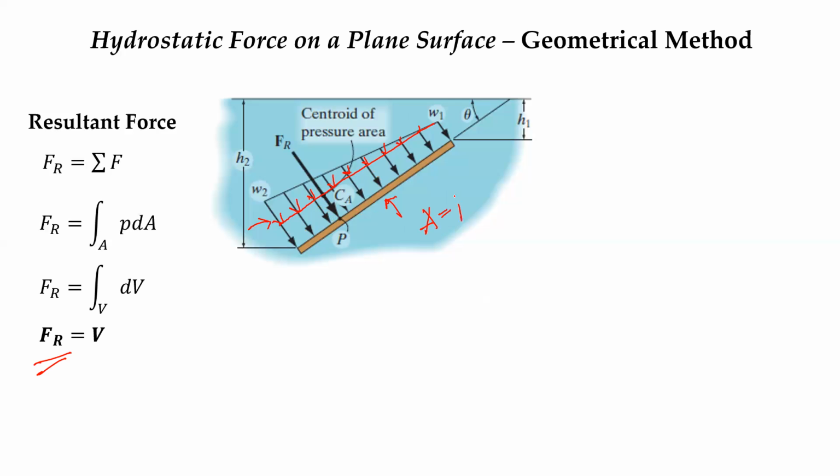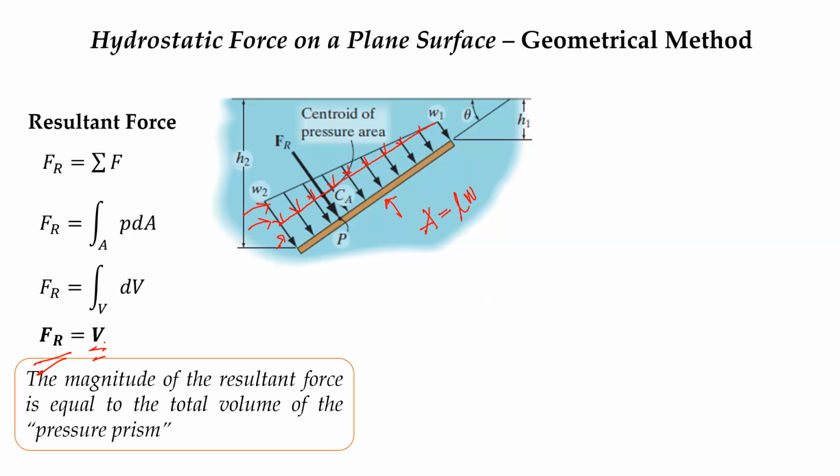And after calculating its area, we simply have to multiply the values here and here to get a force. That is why F sub r is equal to V. And the magnitude of the resultant force is equal to the total volume of the pressure prism, right?